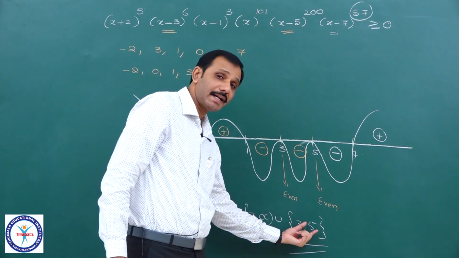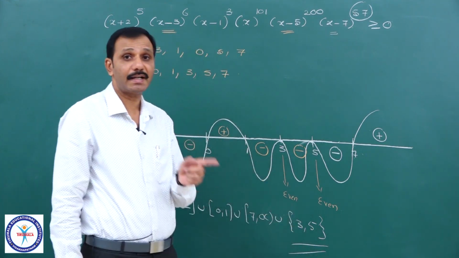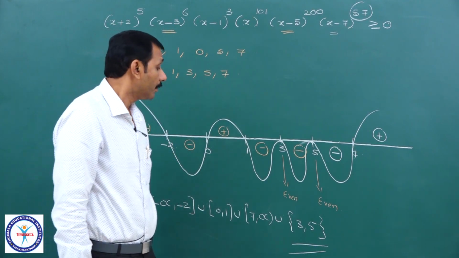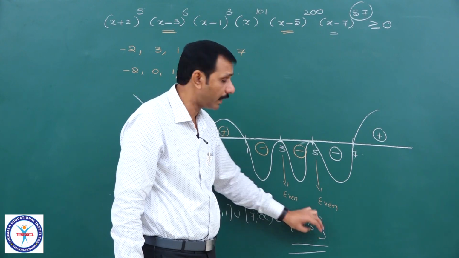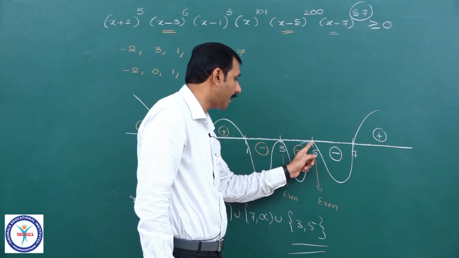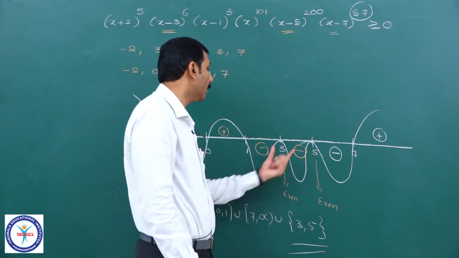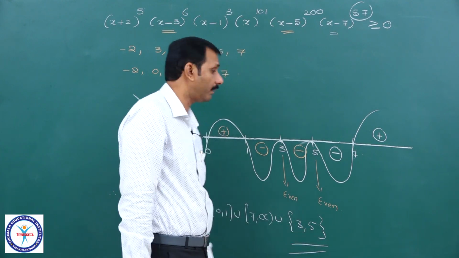Here I have written a set, not an interval. You know the difference between set and interval very well, because set means only these two values 3 comma 5. Yes, it is equal to 0 at x equal to 3 and at x equal to 5 only, not between them. So only I have written the set 3 comma 5.